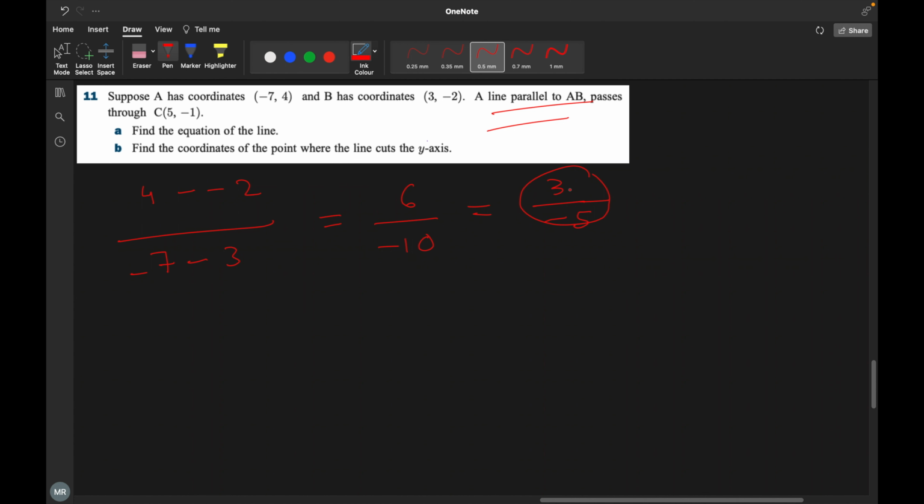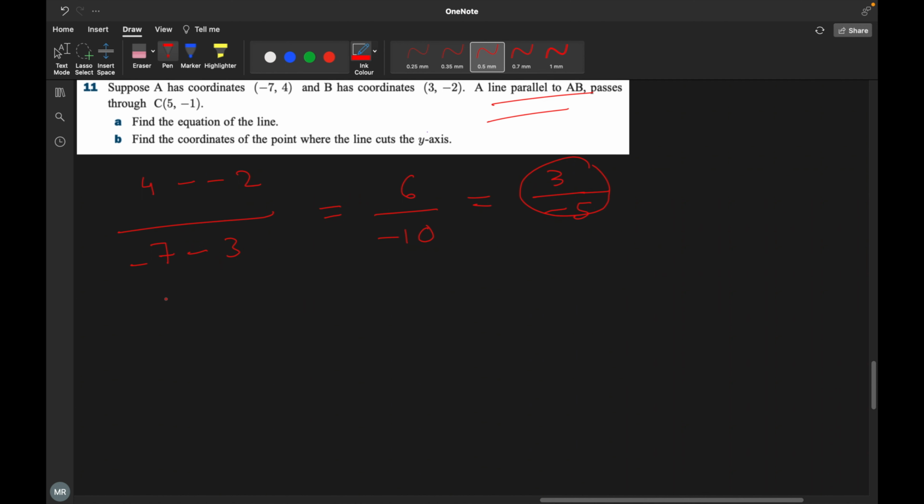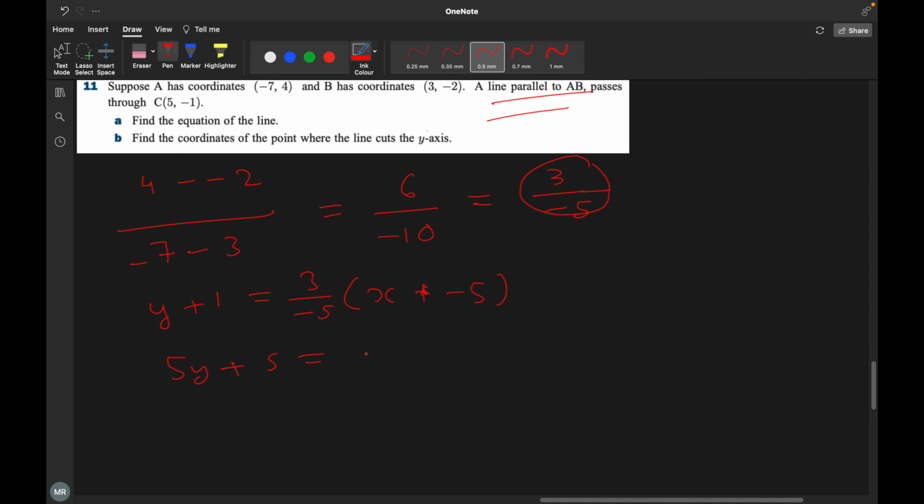And we've been given that it passes through C, which has coordinates of 5, -1. So y plus 1 equals 3 divided by -5 into x minus 5. So let's cross multiply. So 5y plus 5 equals -3x plus 15. So let's do this.